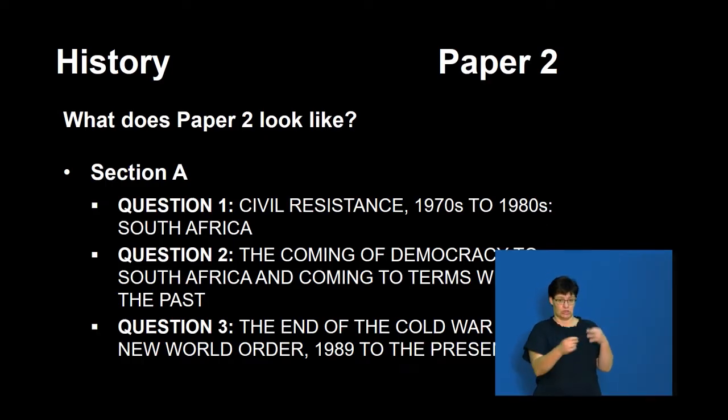The first one is civil resistance, 1970s to 1980s, South Africa. Question 2, the coming of democracy in South Africa and coming to terms with the past. And then question 3 is the end of the Cold War and a new world order, 1989 to the present.